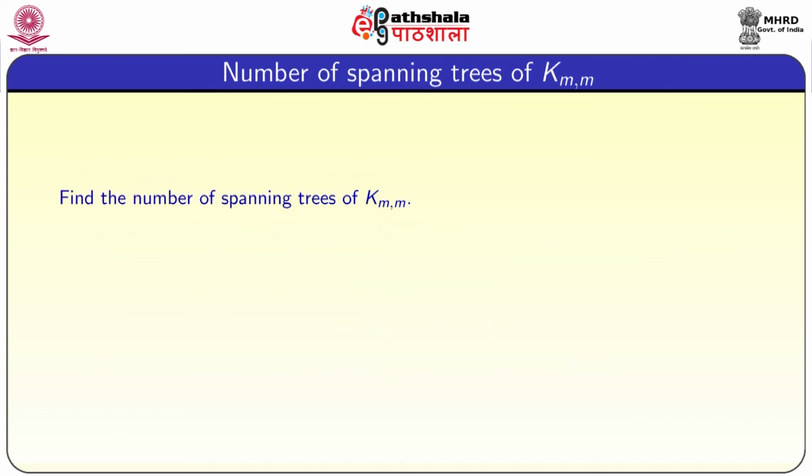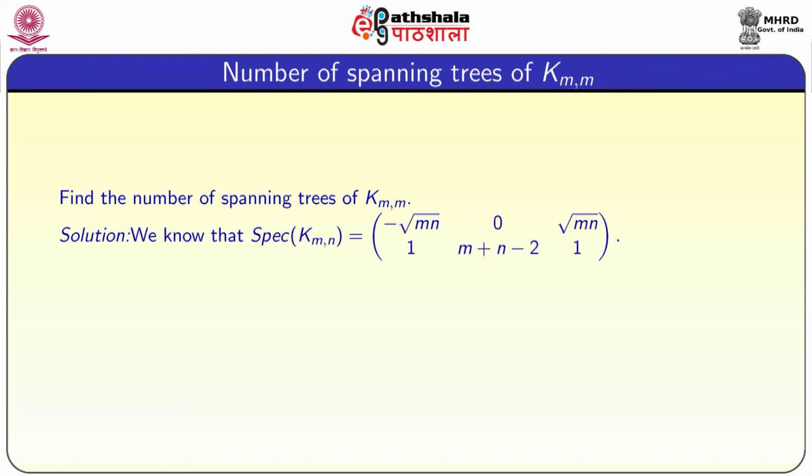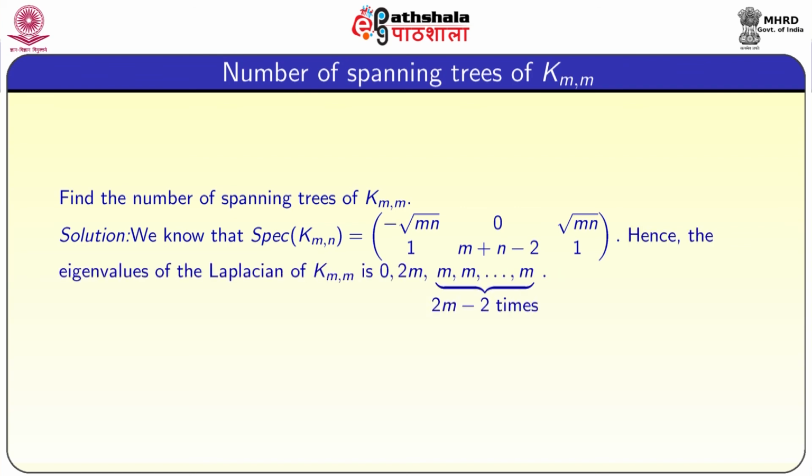Now we will count the number of spanning trees of a complete bipartite graph Kmm. So we know that the spectrum of Kmn is minus root mn one time, 0 m plus n minus 2 times, and root mn one time. Hence the Laplacian eigenvalues of Kmm are 0, 2m, and m, 2m minus 2 times.